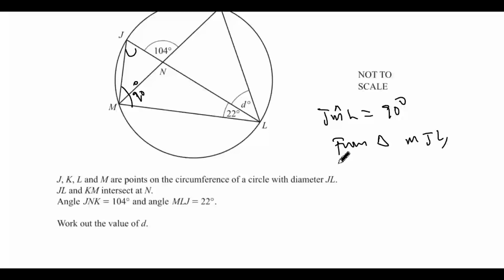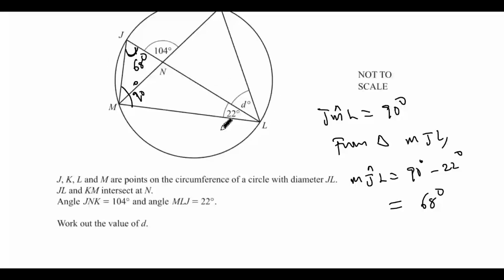So MJL, this particular angle here, will be equal to 90 degrees minus 22 degrees. That will give us 68 degrees. So the value of this angle here is 68 degrees.